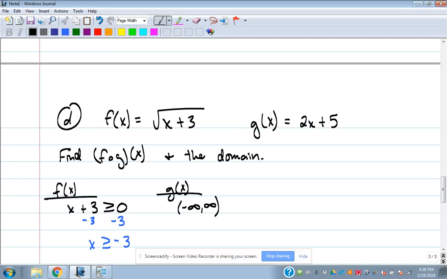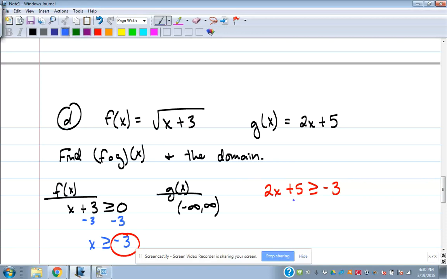How do we find when g of x has that problem? Good. Not 3, but -3. When is g of x greater than or equal to -3? When does it fit that? Because it has to fit that to do the composite function.